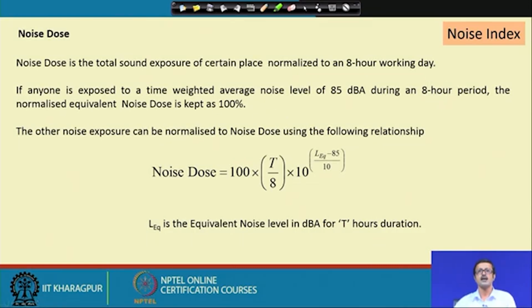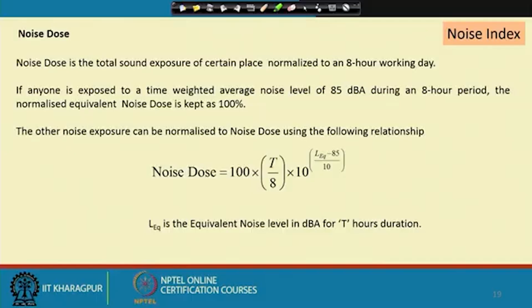That means, if I am exposed to 85 dBA sound for 8 hours, morning 8 o'clock to evening 4 o'clock, that total noise exposure to me is almost 100%. And suppose the next day I am exposed to 90 dB or maybe 95 dB noise, but only for 1 hour. What will be the corresponding change in the noise dosing?